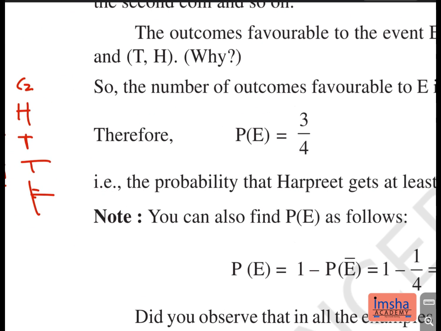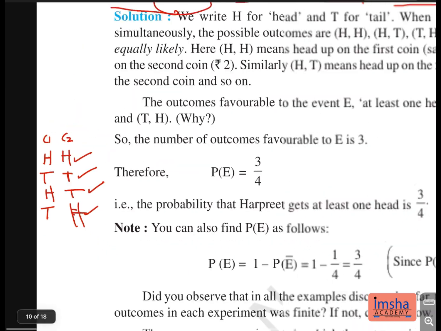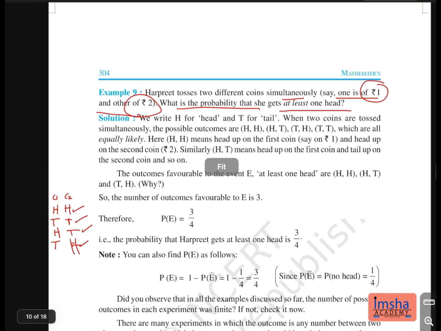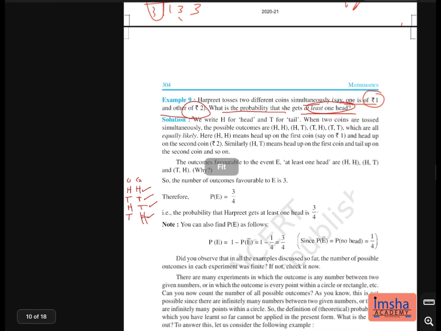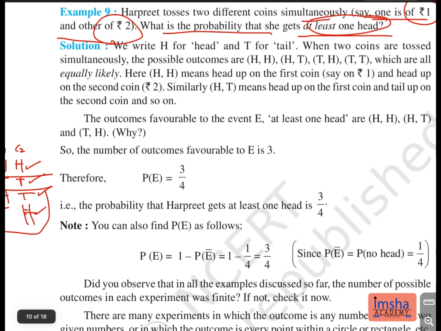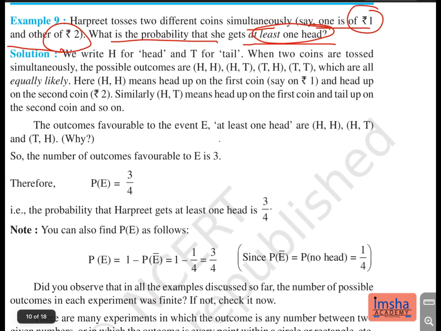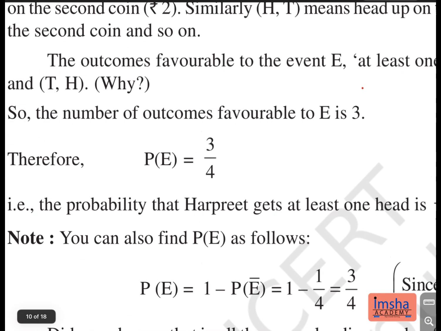So these are the total outcomes that can happen. Either both will be head, both will be tail, one is head and one is tail, or one is tail and one is head. What they are asking is at least one head. The outcomes favorable for the event E, at least one head, are head head, head tail or tail head.